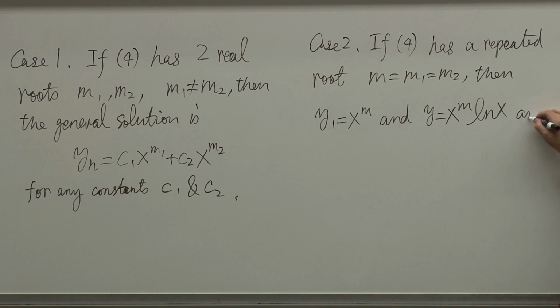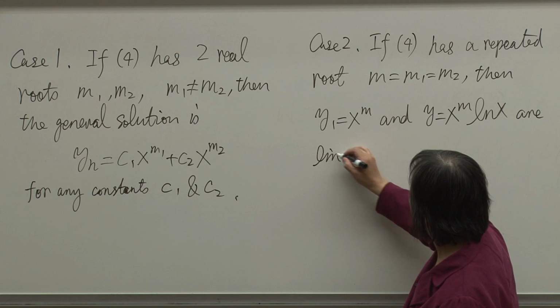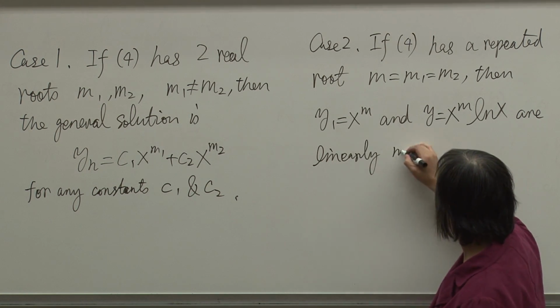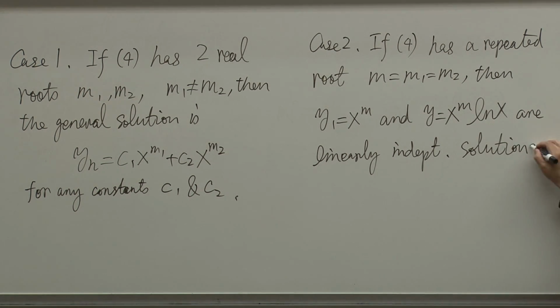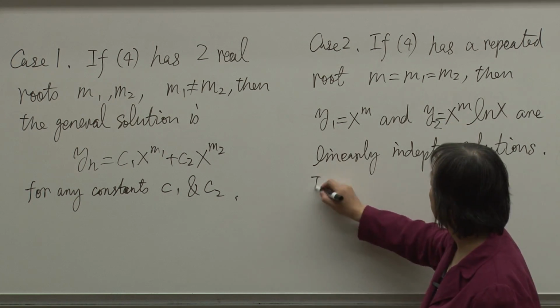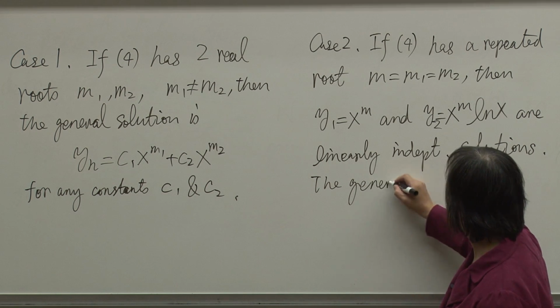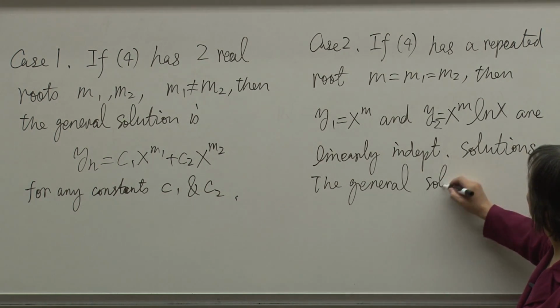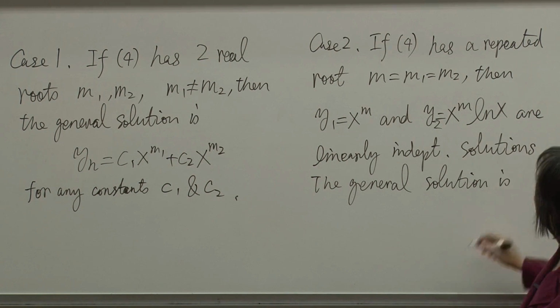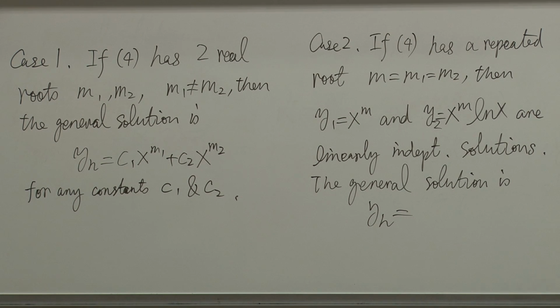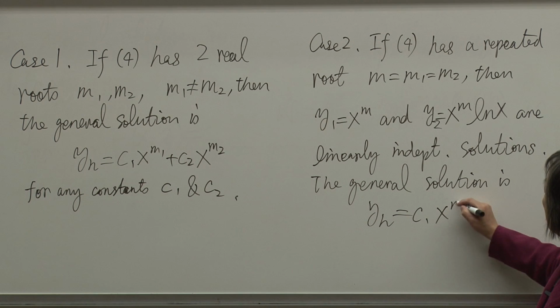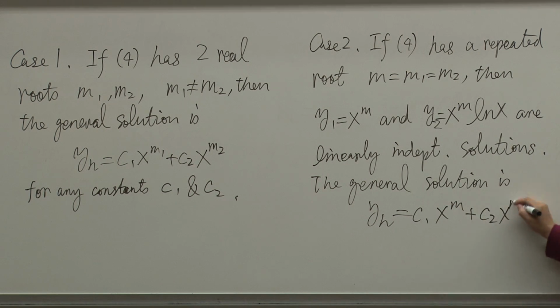These are linearly independent solutions. Because of this reason, the general solution is the linear combination of these two solutions. So we get y_h, which denotes the general solution, is c1 x^m plus c2 x^m times log of x.